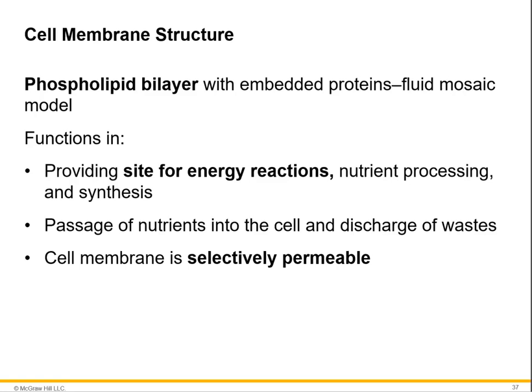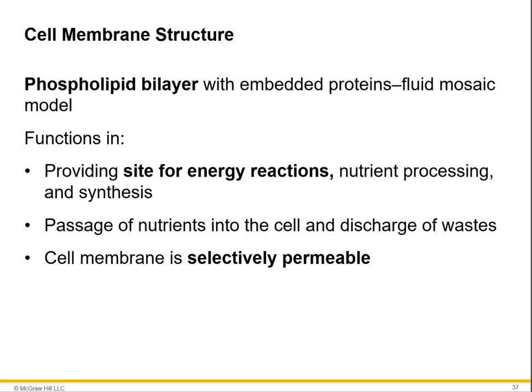Okay, so we're still on the cell envelope. Remember, we talked about the outer membrane in gram-negative species and how it has porins and lipopolysaccharides. We talked about the cell wall in gram-positive and gram-negative bacteria, being thicker in the gram-positive and thinner in the gram-negatives.